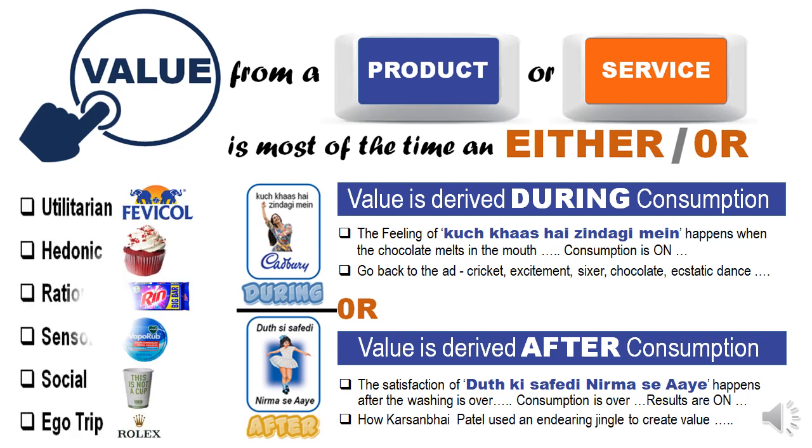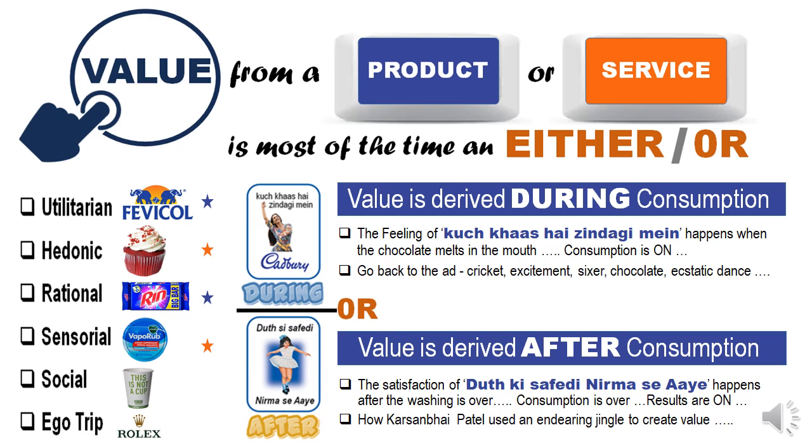When we are talking about value, there are any number of layers of value which you can think of. The first and foremost is a utilitarian value, dry, functional value which a Fevicol can give. The second could be a hedonic value which is given by the topping of a red velvet cake. The third could be the rational value of a bar soap. The fourth could be the sensorial value of a vapor rub.